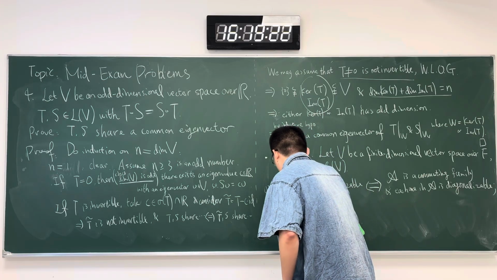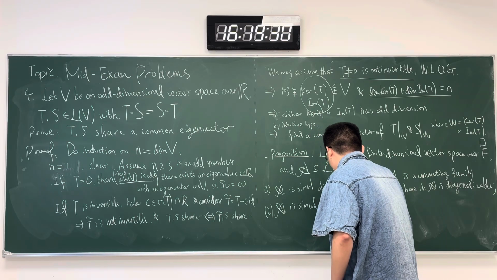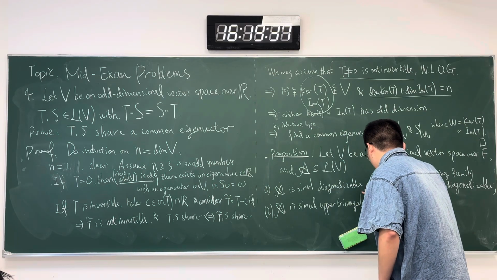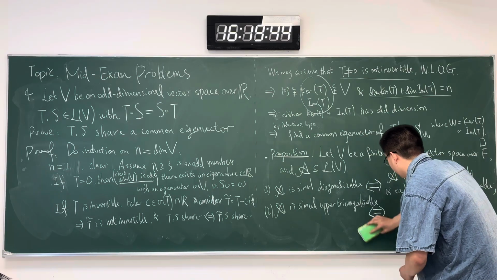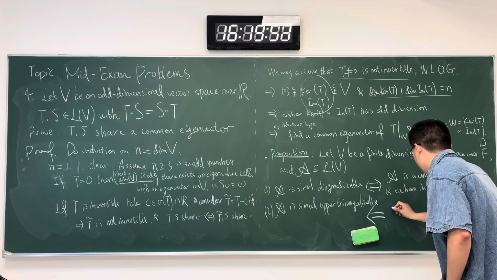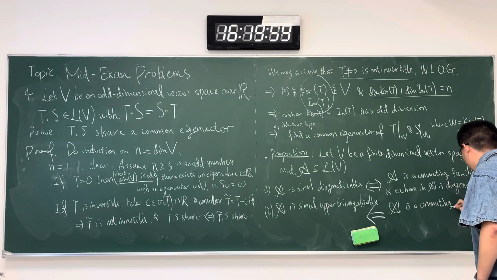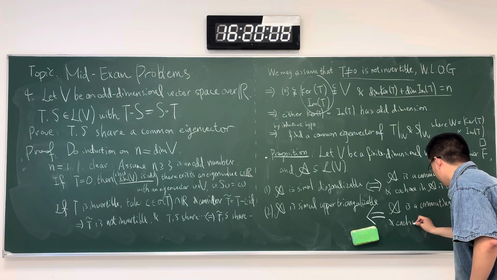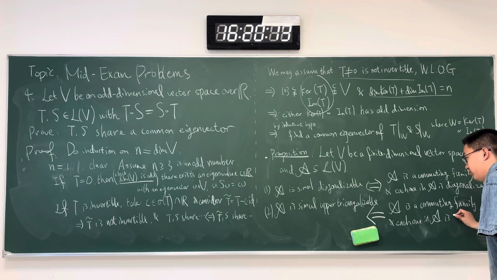And the second statement is that the family fancy A is simultaneously upper triangularizable if, and here we only have the if part, fancy A is a commuting family and each one in fancy A is upper triangularizable.